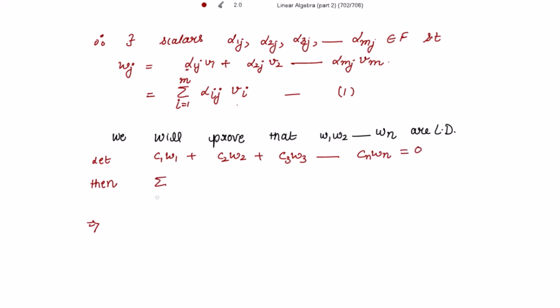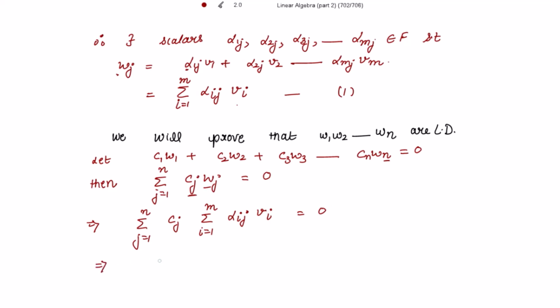Then the summation j going from 1 to n of Cj Wj is equal to 0. Putting the value of Wj over here, this is Cj times the summation i going from 1 to m of alpha ij vi. Always remember Cj is working as the variables.